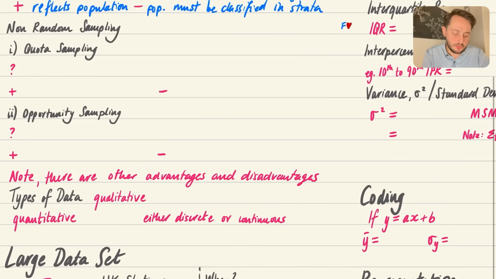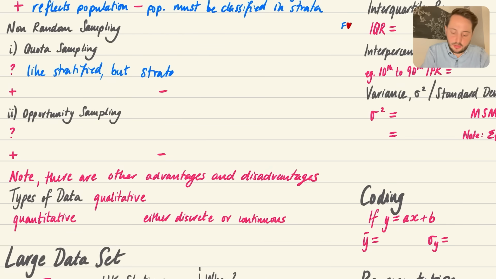So then we move on to non-random sampling, and there's two types of this we need to know about. The first one is called quota sampling, and this one is a bit like stratified sampling, but instead of picking them randomly, the strata are filled by an interviewer or a researcher.